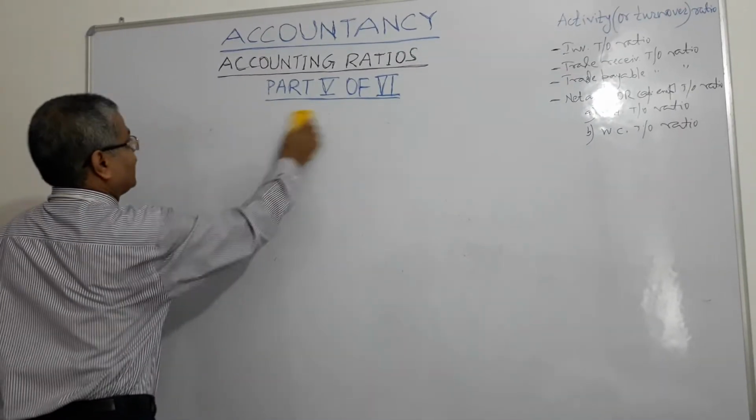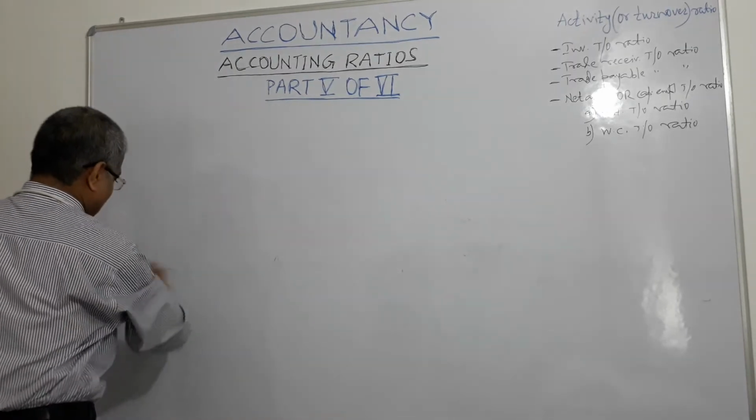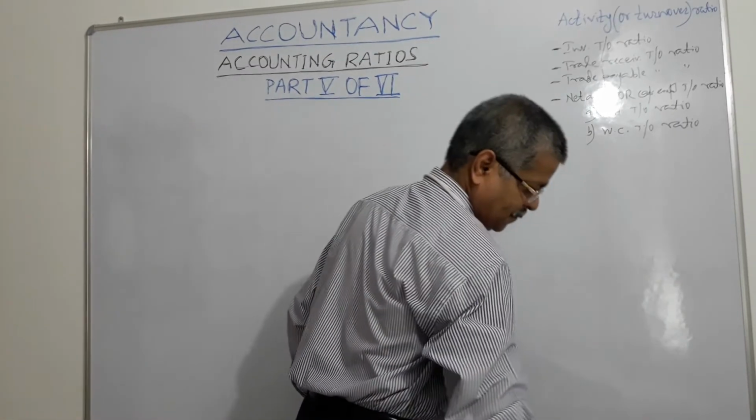If we deduct current liabilities from total assets, we get net assets or capital employed in the business.